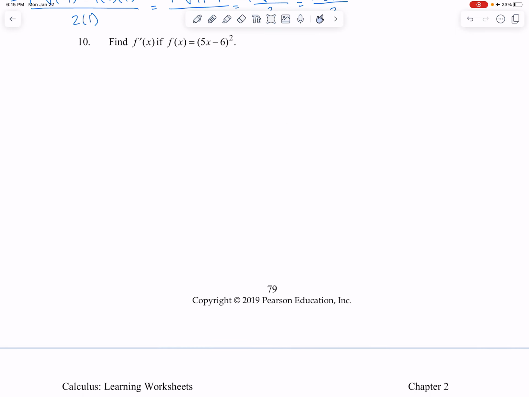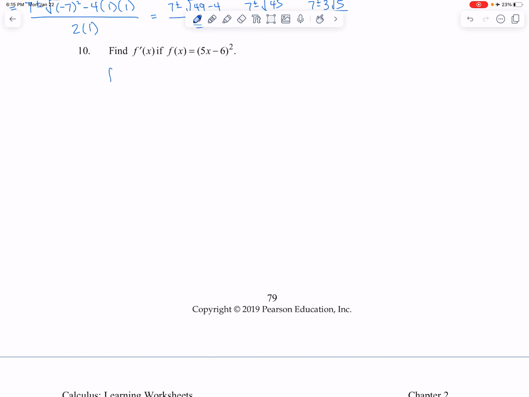Okay, find f prime of x if f of x equals 5x minus 6 squared. So let's rewrite it. If I have 5x minus 6 squared, I've got 5x minus 6 times 5x minus 6. So I've got 25x squared, 5 times 6 minus 60x, 6 times 6, 36.